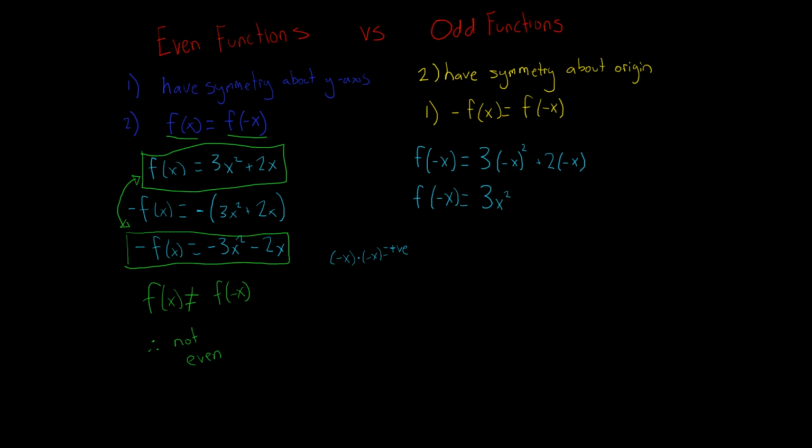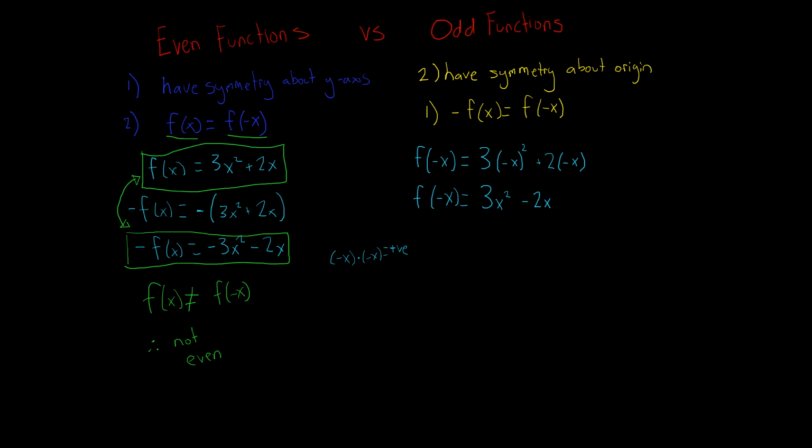Then we know that a negative x times a positive 2 is going to be a minus 2x. So this one is 3x squared minus 2x, because the positive 2 times the negative x is a minus 2x.